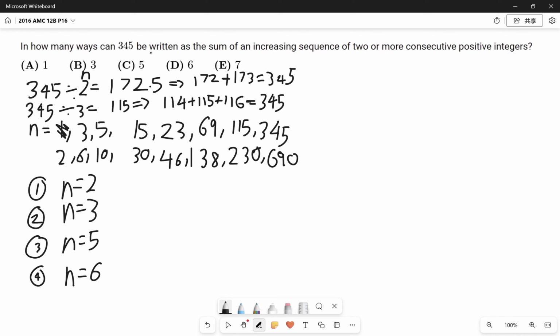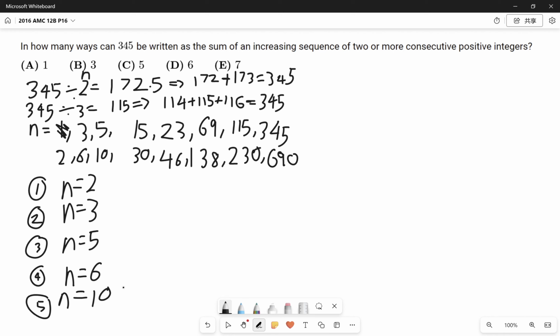What about when n equals 6? When n equals 6, if you divide 345 by 6, you get 57.5. Well, you can take 3 numbers that are smaller than that and 3 numbers that are larger than that, as long as they're consecutive.